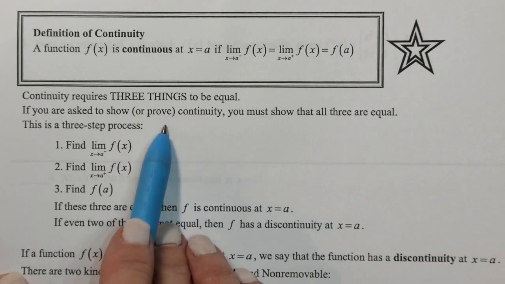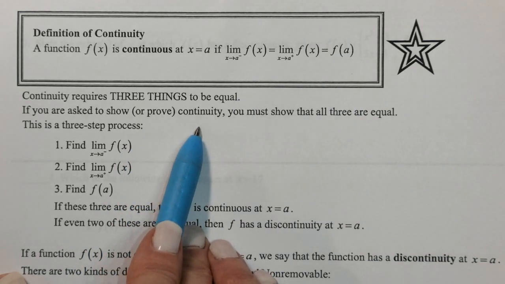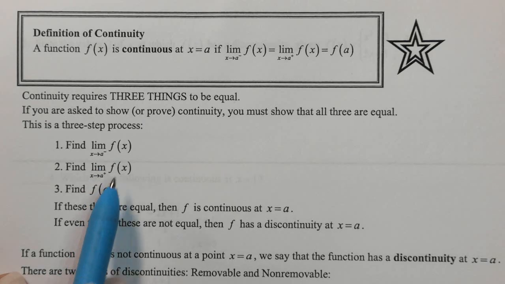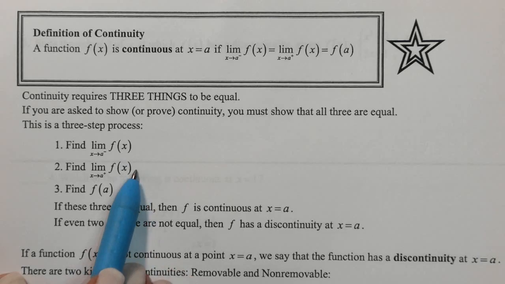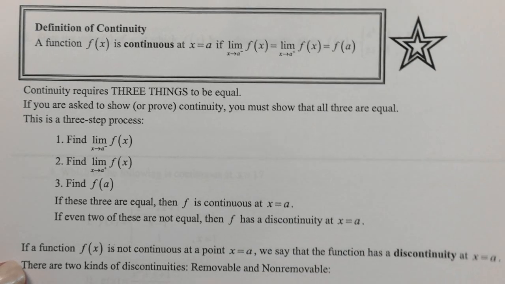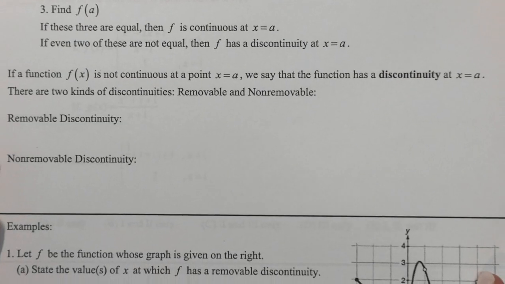If you are asked to prove continuity, you must show three things: the limit from the left, the limit from the right, and the function value. Only if those three are equal is f continuous at that value. If even two are not equal, then f is not continuous.